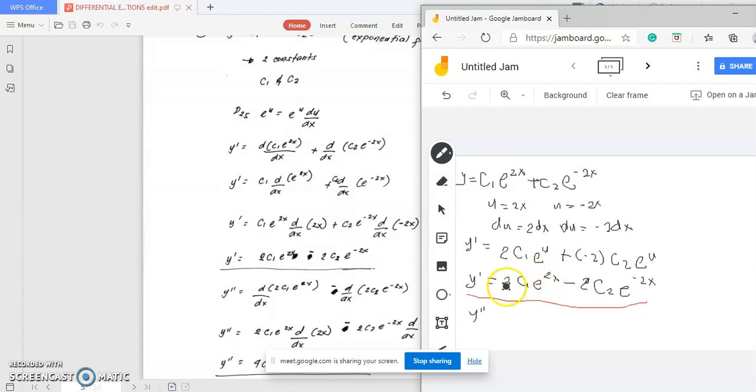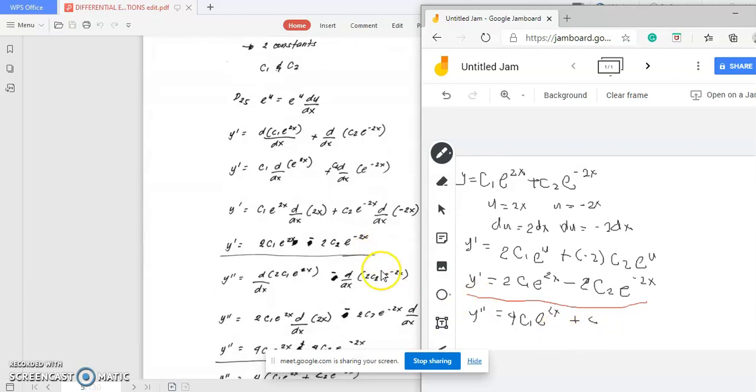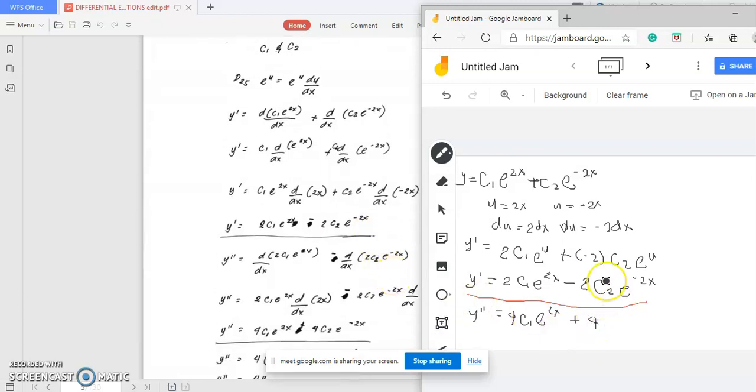Derive this one: 2 times 2, you have 4, then copy c sub 1, and then e to the 2x. Then we have negative 2 times negative 2, that is positive 4. You will have positive 4. I'm just showing you so that you are guided.